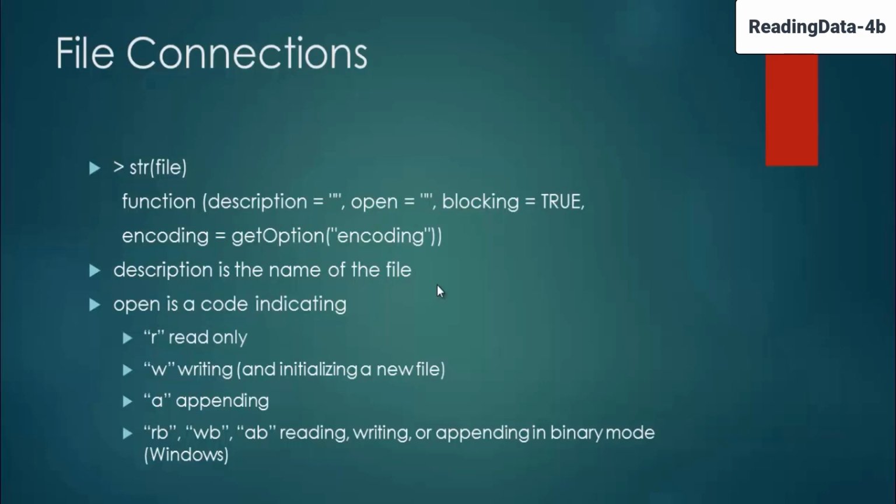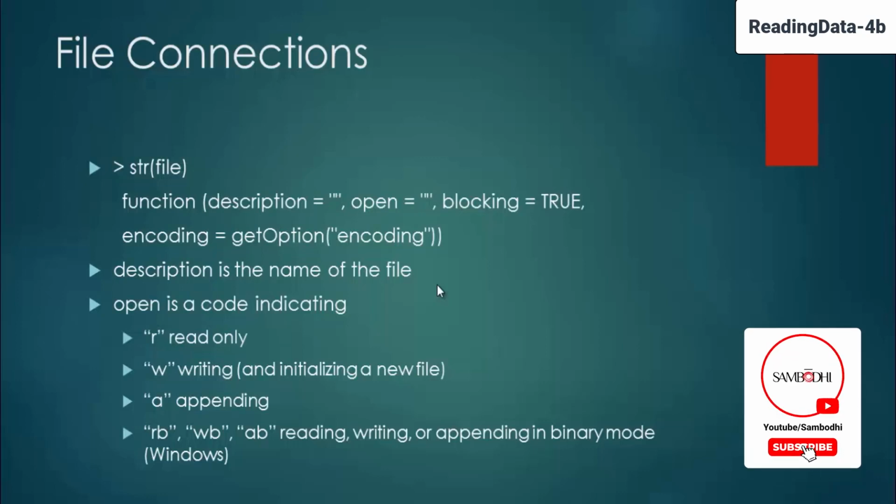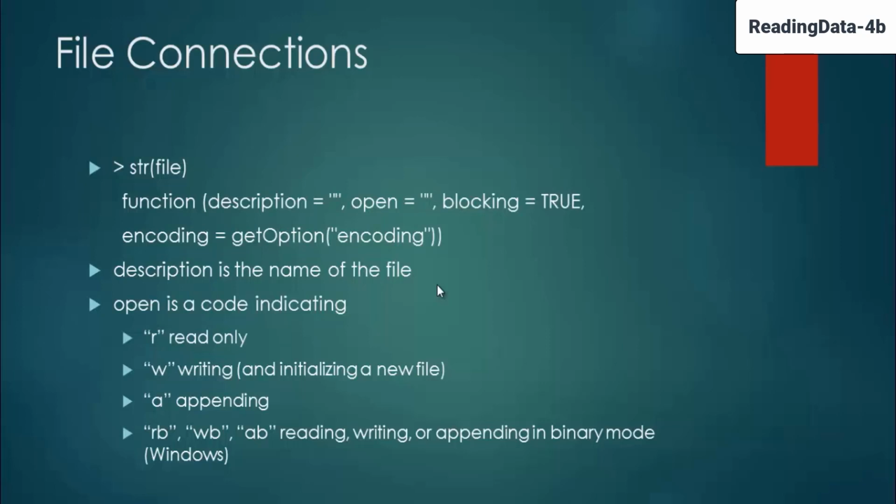In str of file, the description is the name, and open and blocking are individual arguments for that function. Open indicates how the file is opened: r means read only, w means writing, a is appending, and rb, wb, ab are for reading, writing, or appending in binary mode, which is useful when you are coding on Windows.